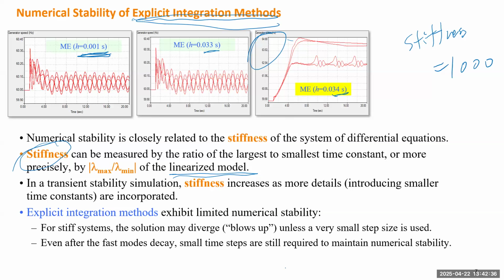Even after the fast mode decays, the small time steps still need to be utilized to maintain numerical stability. So if I have a very stiff system, with the ratio lambda max to lambda min very large, you need to use a very small time step and finish the simulation for long enough time.